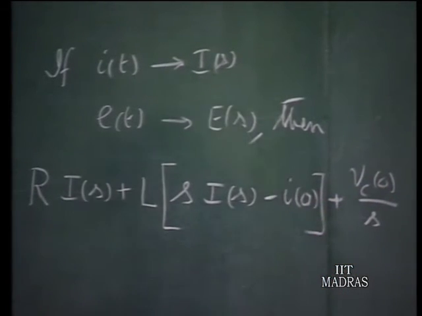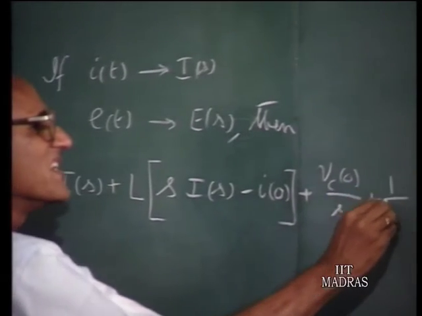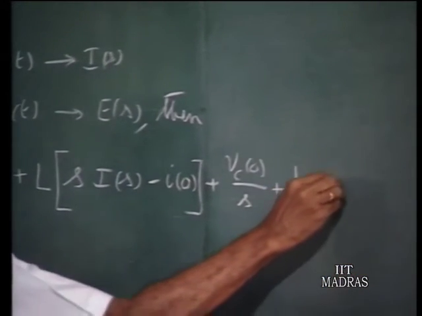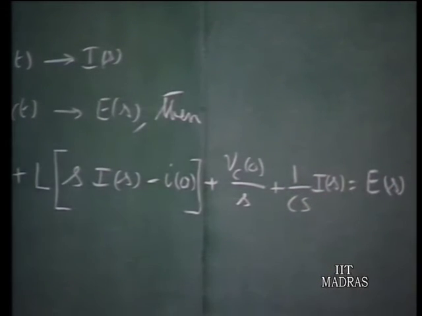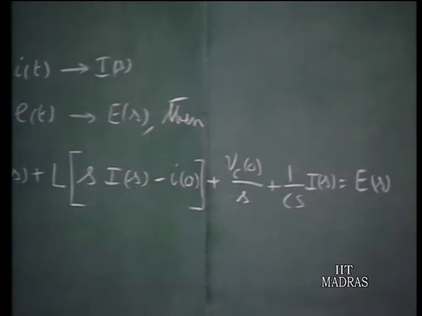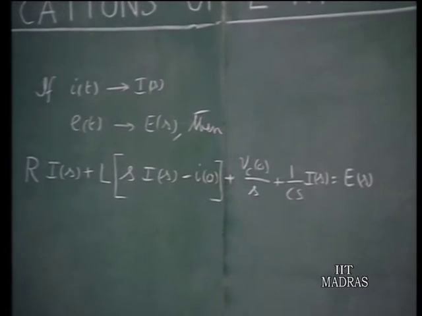Q0 over C is Vc0, so Vc0 over s, plus 1 over Cs times I of s, that is equal to the forcing function E of s. So we have an equation now in I of s which has to be solved for in terms of the known quantities.